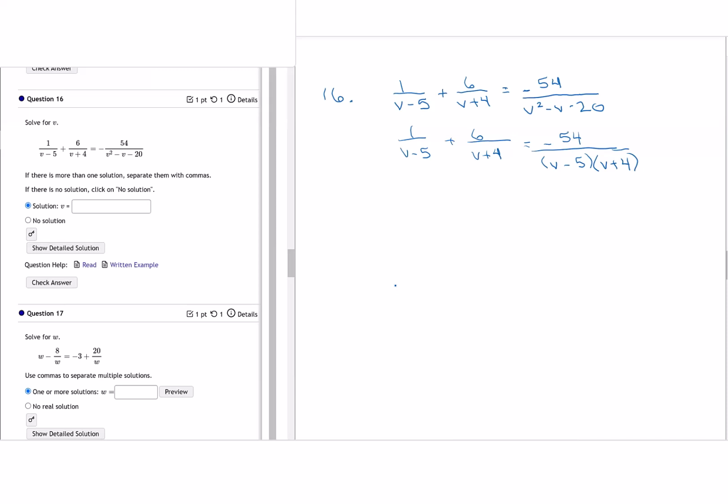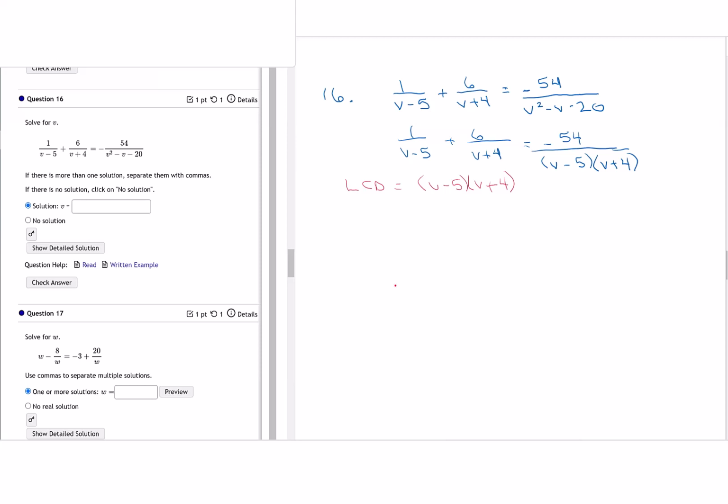And now I can see my least common denominator. My least common denominator is going to be equal to V minus 5 times V plus 4. I'm going to multiply both sides by V minus 5 times V plus 4.